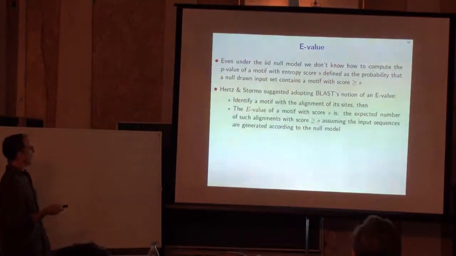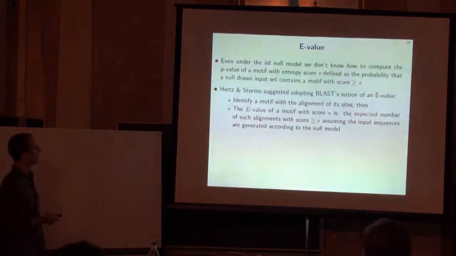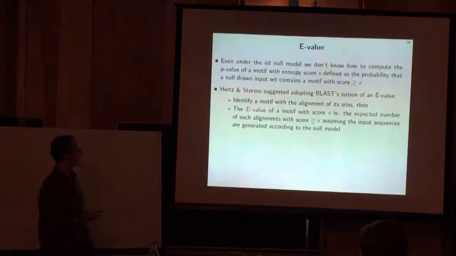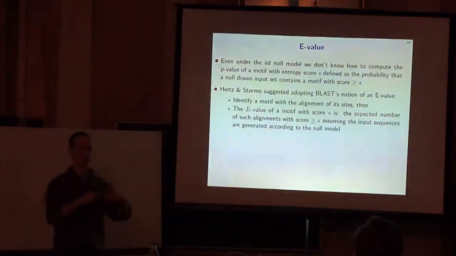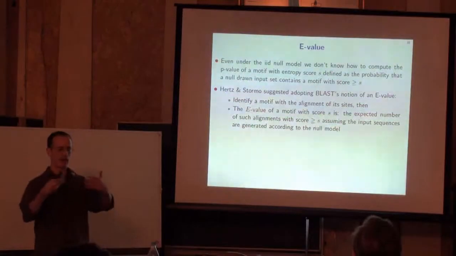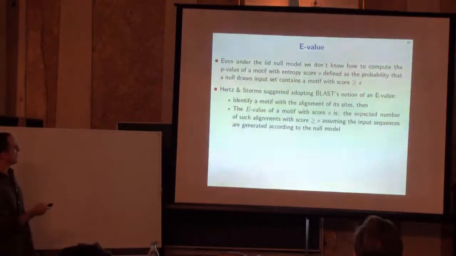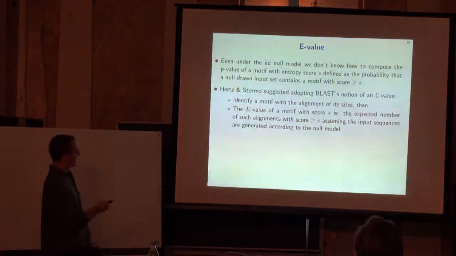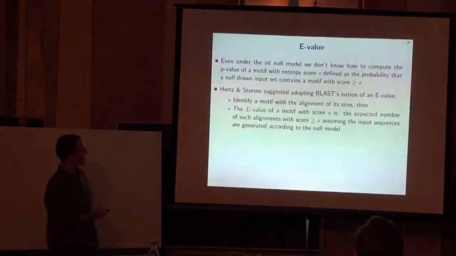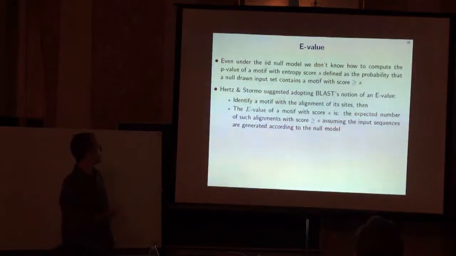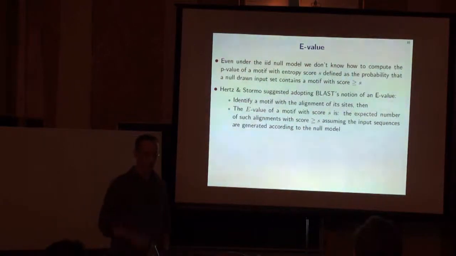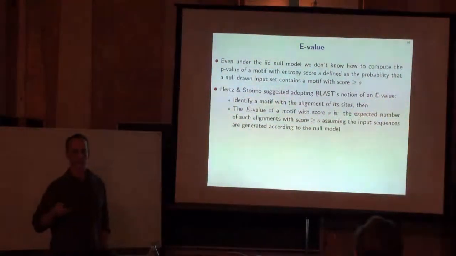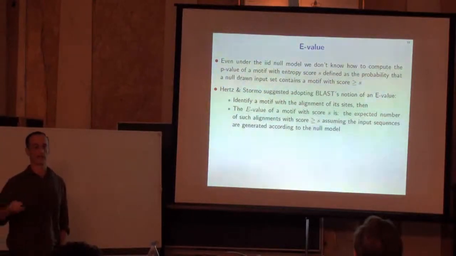Then the e-value of a motif with score S is the expected, E for expected, number of such alignments, by which I mean alignments of the given depth and width as the one reported by the finder, that score above S, assuming the input sequences are generated according to the null model. Okay? So that's pretty much the same definition of an e-value that BLAST uses, and everybody uses BLAST e-values.